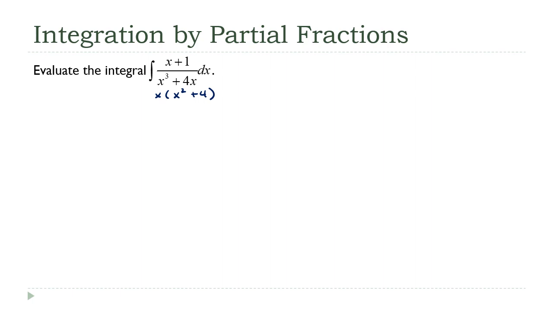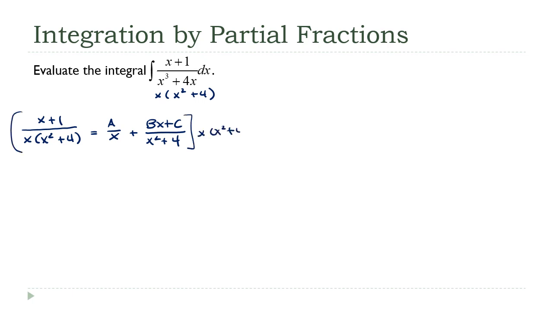So if I try to do that, I'm going to write the original function here with the factored denominator. This is going to be A over x plus Bx plus C over x squared plus 4. And we'll multiply through by x times x squared plus 4. That's going to clear the fractions. We get x plus 1 equals A times x squared plus 4 plus Bx plus C times x.